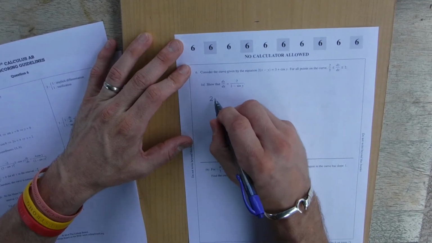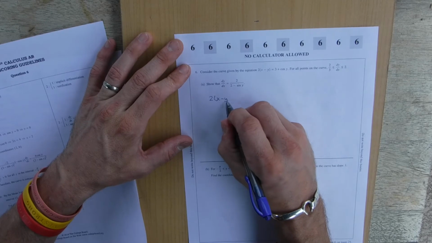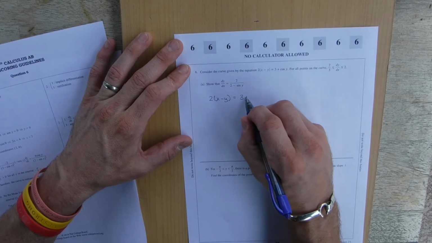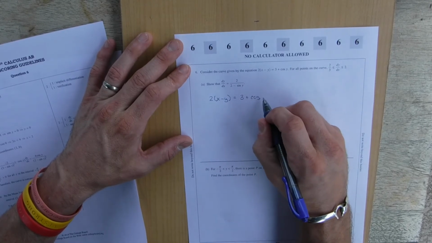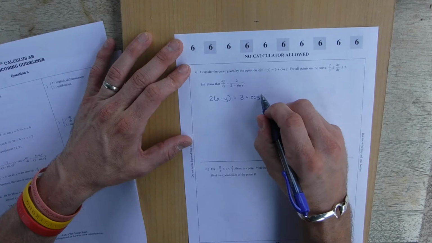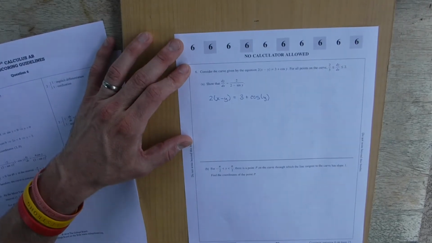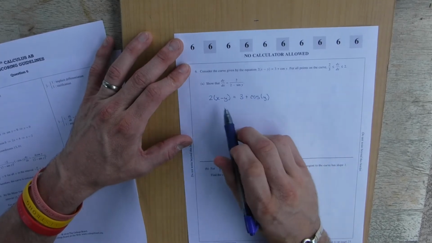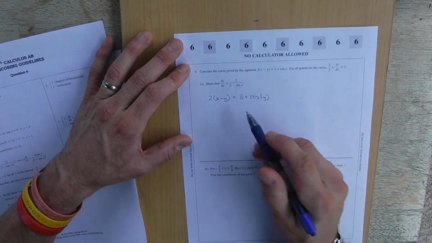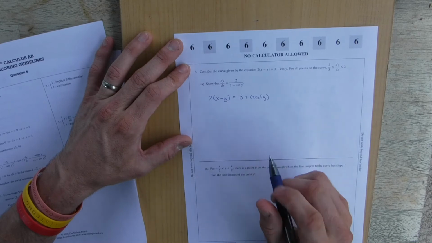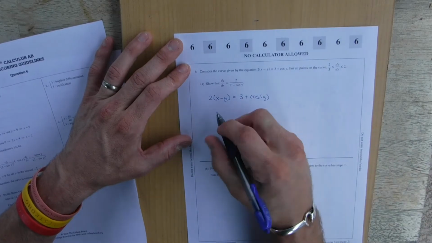So let's go with 2x minus y, 3 plus cosine y. So we're taking this with respect to x. So that means whenever we take a derivative of x, that's cool. However, whenever we take a derivative of y, you have to add a dy/dx.